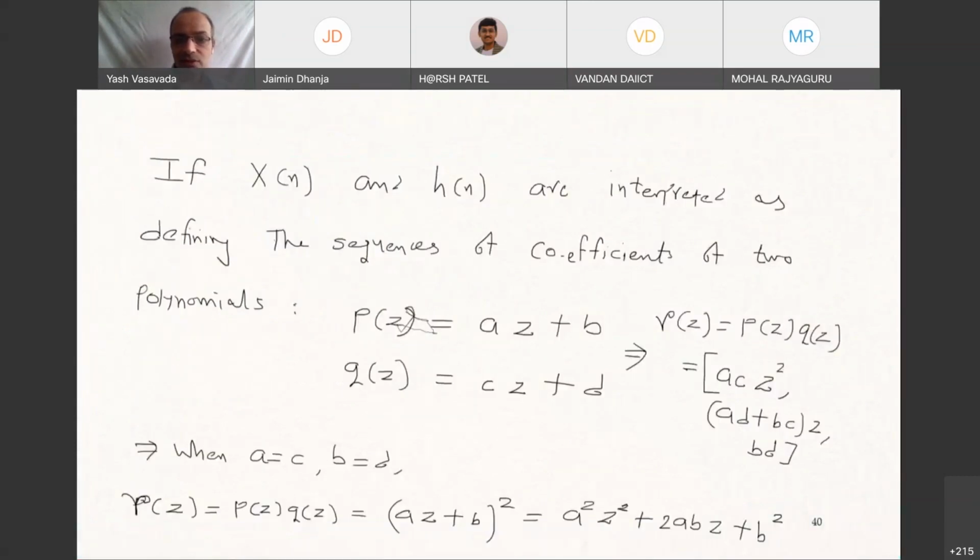You see here, we took the two coefficient sequences as AB and CD. And when I convolved it, I got something like AC and then AD plus BC and BD. Nothing like the original two sequences. It kind of gets all jumbled up in R of Z. Here, the two sequences are AB, and again the same sequence, AB we are convolving with itself. Again, the answer is A square, 2AB and B square.